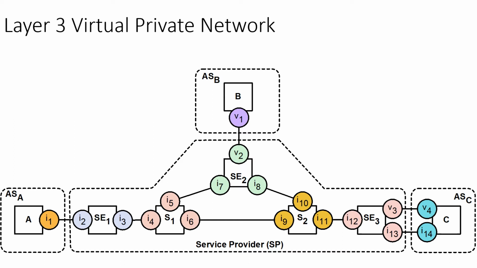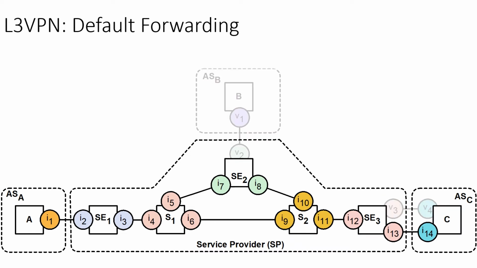It's usually run on top of an MPLS backbone and allows a service provider to enforce various routing policies, such as which networks are allowed to exchange traffic using the service provider's network. Here we have a service provider with an MPLS backbone and 3 other networks interconnected with the service provider. Here I'm showing the default forwarding network, and ASA and ASC are both connected to the default forwarding.